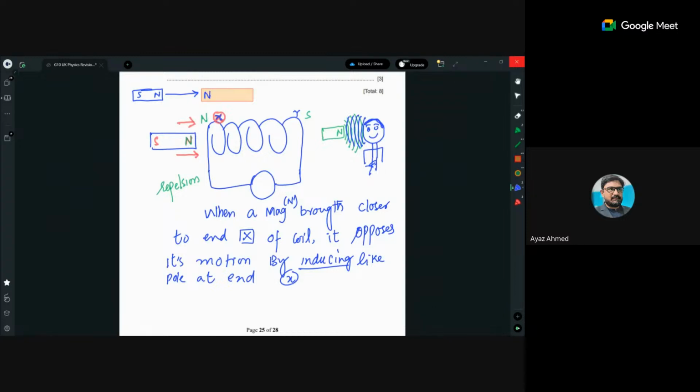If there is a magnet in front of it and it has a south pole, its motion would be faster, is it? इसका मतलब ये हुआ कि just assume this coil as this magnet, that if this coil wants to stop it, it must produce north on the end X. Is it?